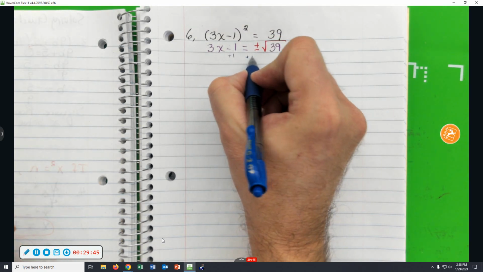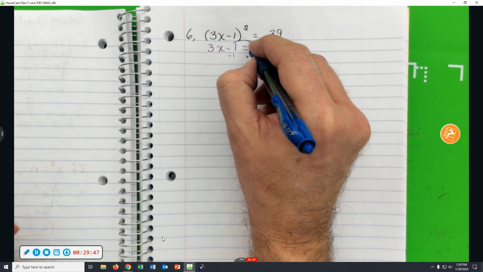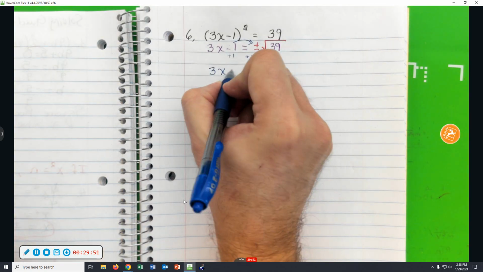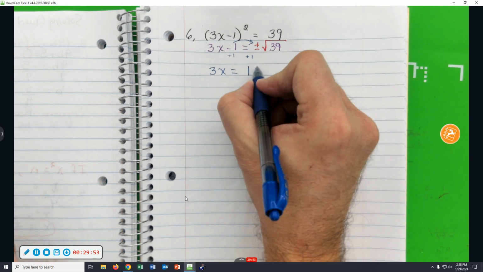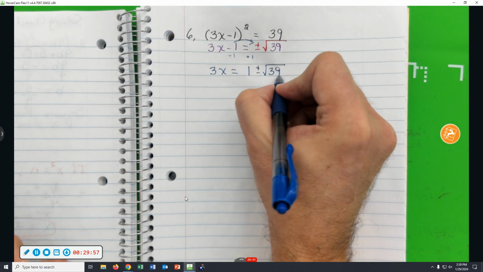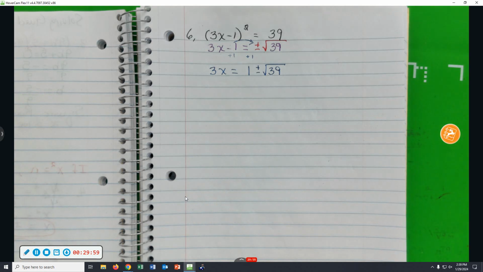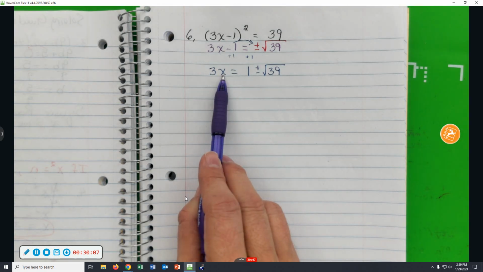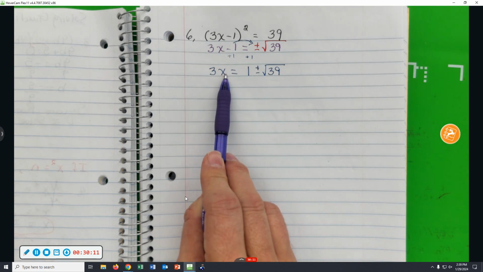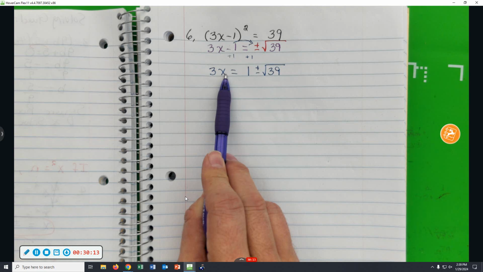Adding 1, or if I just draw my little arrow like that, I'd have 3x on the left, and on the right, 1 plus or minus the square root of 39. There's only one thing left to do to get the x by itself now. The opposite of multiplying by 3 is divide by 3.